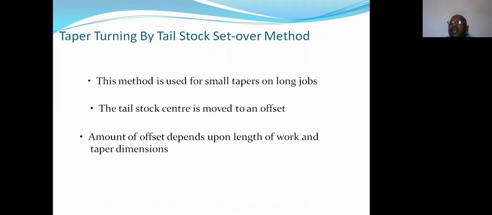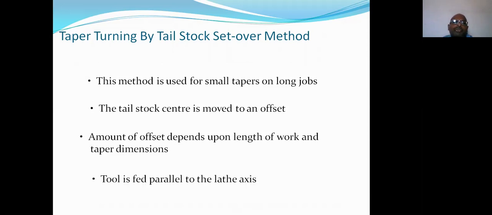In the previous methods, the angle is directly calculated, but in this method, the angle of the taper need not be calculated. What is to be calculated is the distance offset required. The offset depends upon the length of the job and the taper dimensions. That means the smallest diameter, the smaller diameter, and the larger diameter.